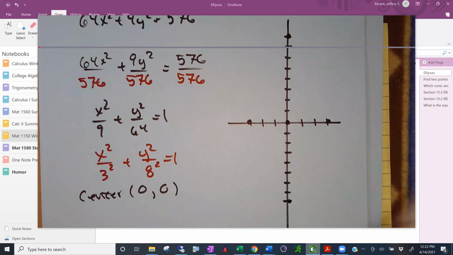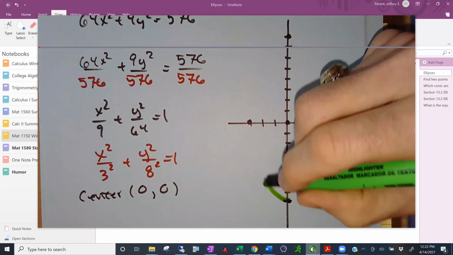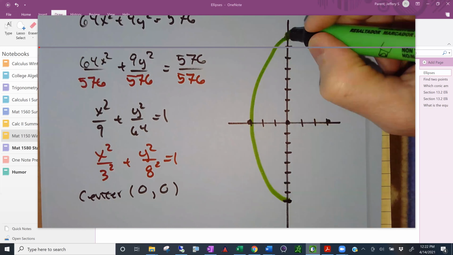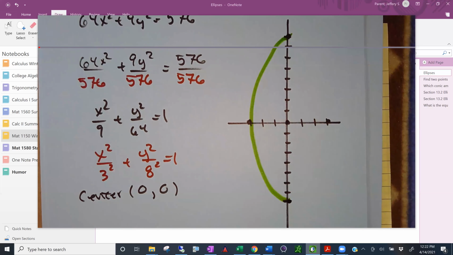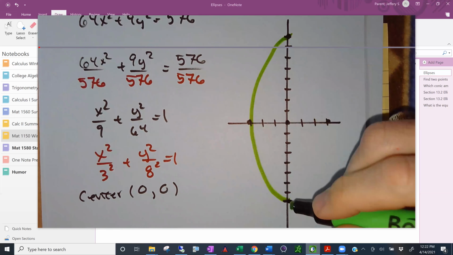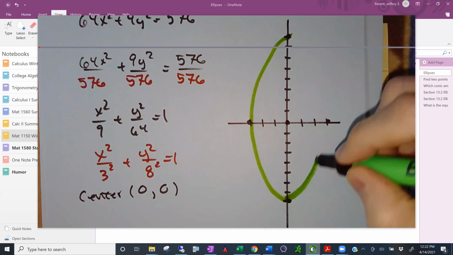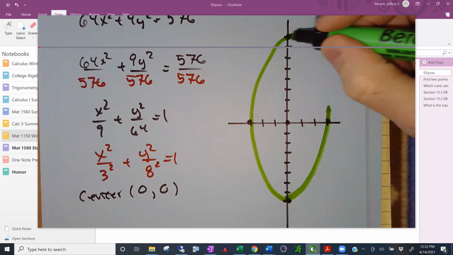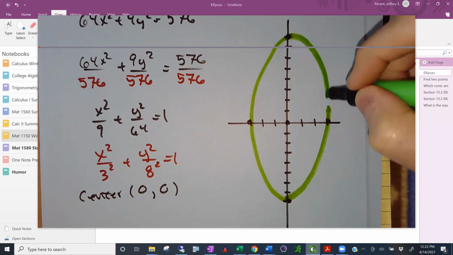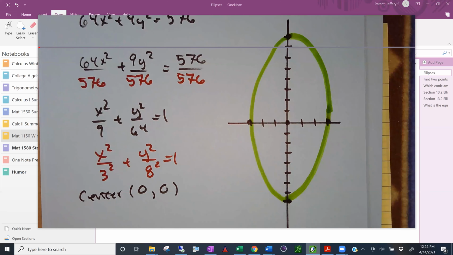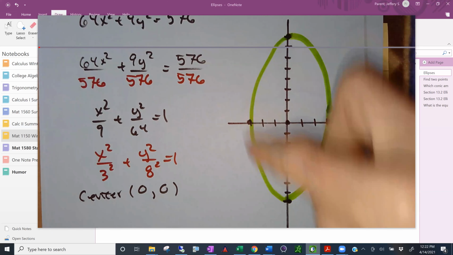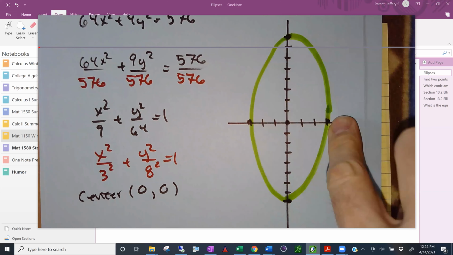So let me see if I can do something less than an embarrassing job of graphing this. Now, the good news for you is you're not going to have to graph this by hand in class because we're not in class. But if you were in class, I would ask that you take great care in not drawing points here.